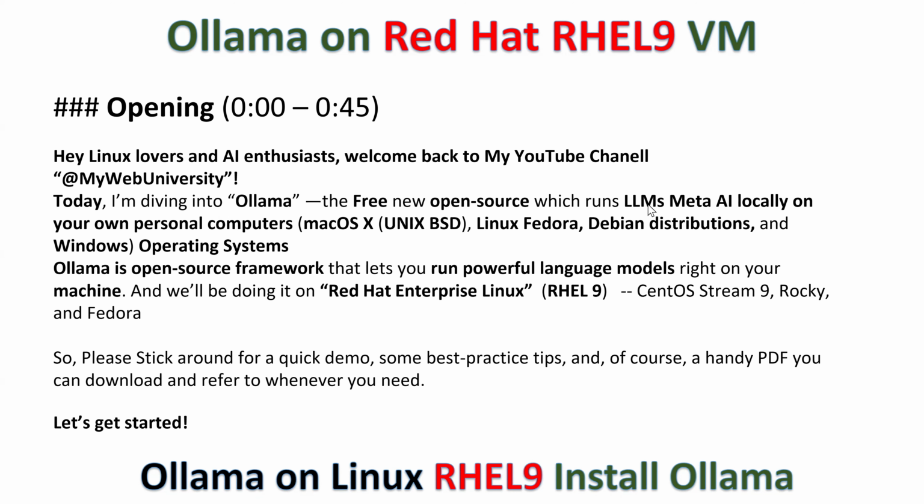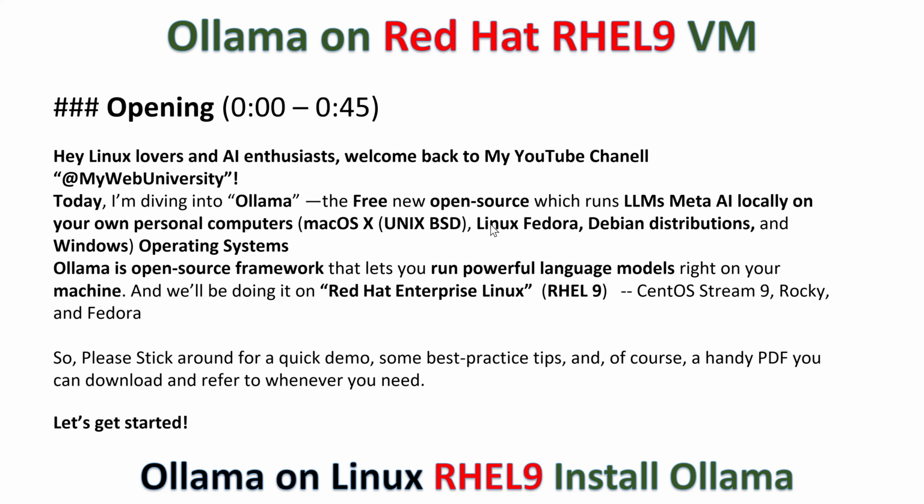So you can run the large language model of Ollama locally on your own personal computer, which could be Mac OS X, which is the Unix BSD version, Berkeley Software Distribution, or Linux. With Linux, you have Fedora distribution, Debian distribution, openSUSE, a lot of them.